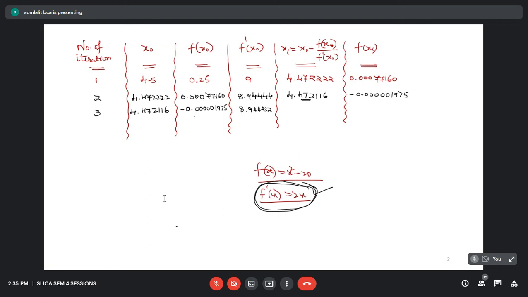f of x0 is minus 5 zeros, 1975, divided by how much? f dash x0, which is 8.944232. How much are you getting?